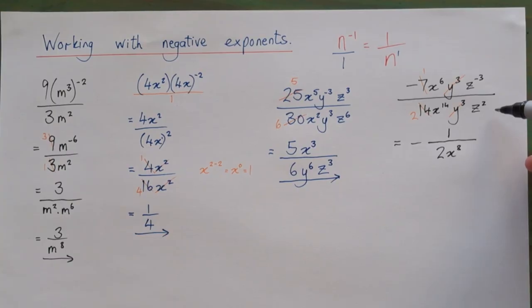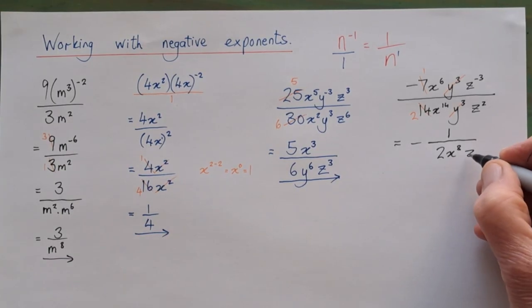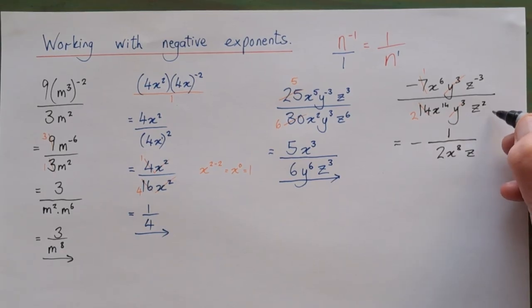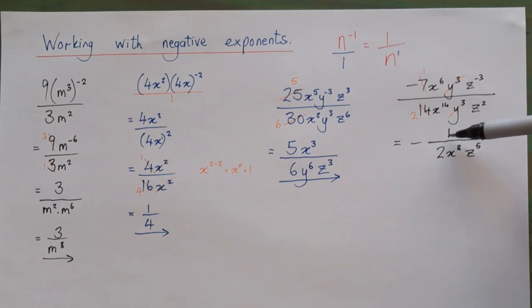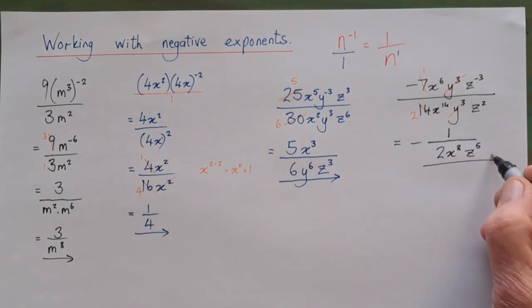It's going to become z to the power of positive 3, and then I've got z squared times z cubed, which means I need to add the two exponents, and it's going to give me z to the power of 5. And the reason I need to have that 1 at the top is because those cancelled out, the x's ended up in the denominator, so did the z's, and so I need to show that what's left at the top is simply a 1, and that will be my final answer.